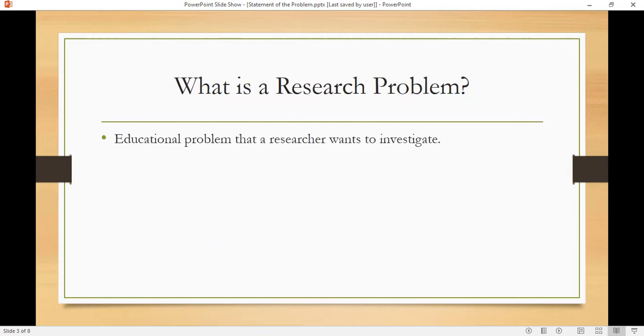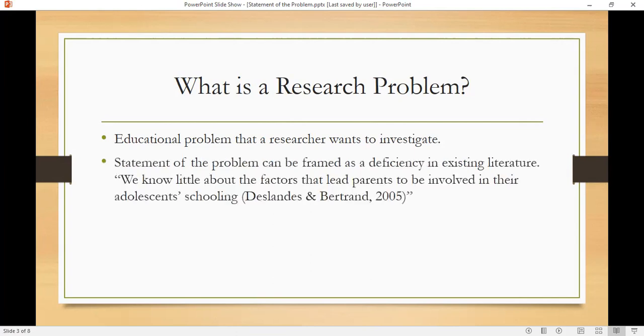Well, what is a research problem? An educational research problem can be said to be an educational problem that a researcher wants to investigate. Suppose you want to carry out a research study for your master's, postgraduate diploma, or PhD. That educational problem which you want to resolve, for which you want to suggest a solution, is actually a research problem.